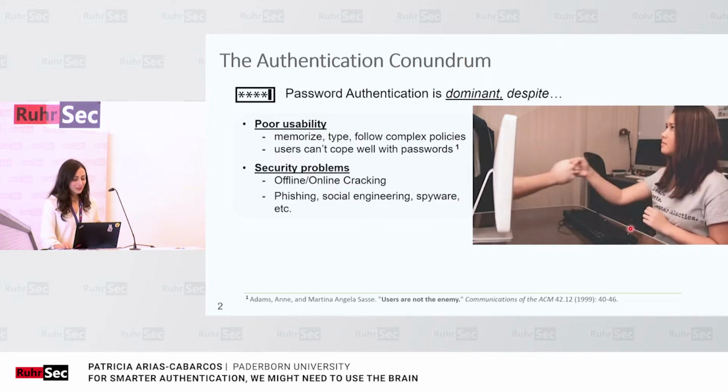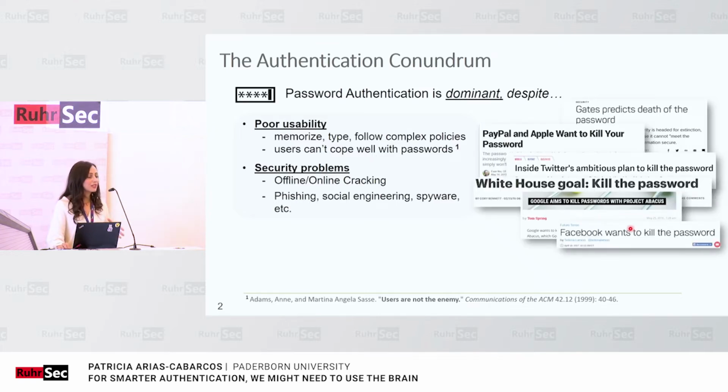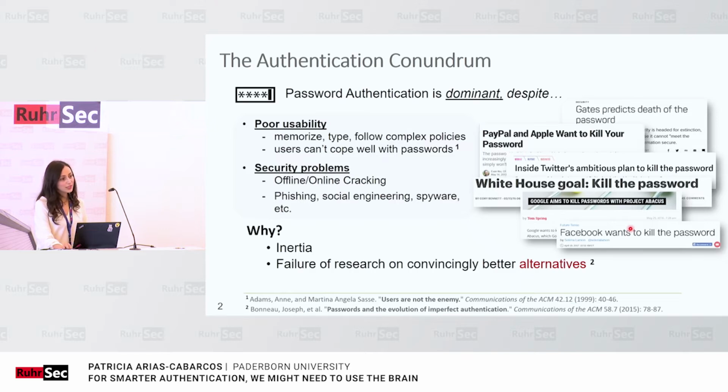So it's not a surprise that through the years there have been several initiatives coming from companies, coming from industry, trying to kill the password, trying to find a better way. But the reality, what we see, what we do every day, is that we are not there yet. And there are several reasons for that. The two most important ones are, first of all, inertia.